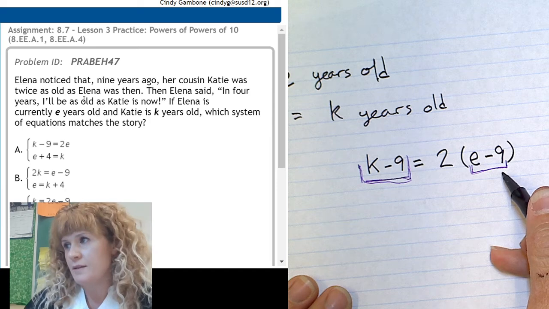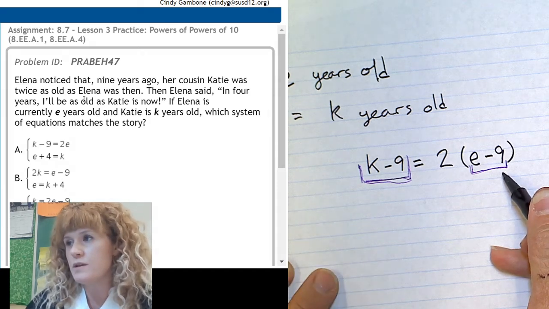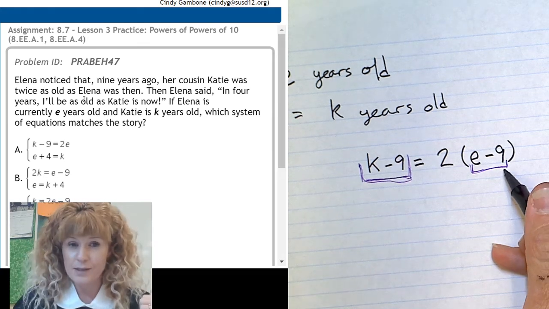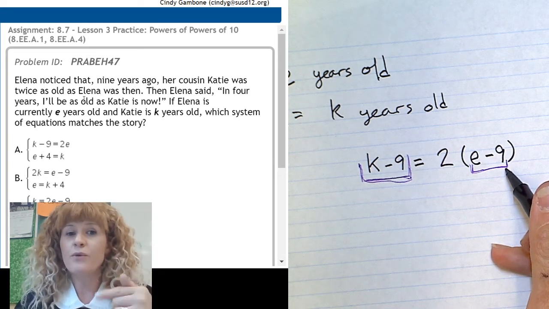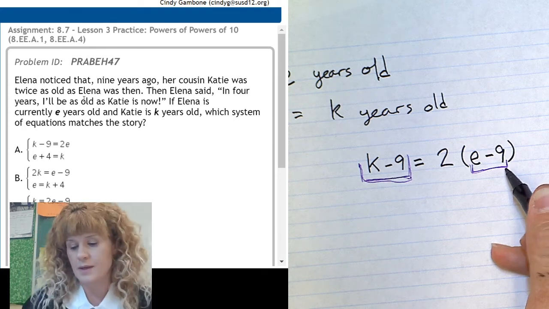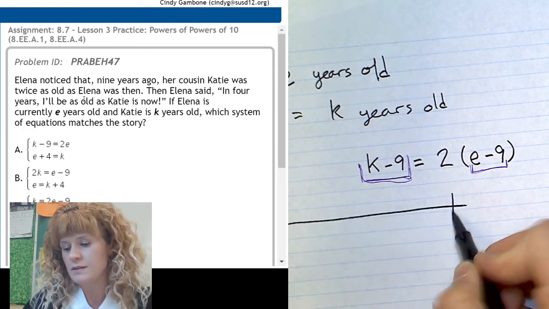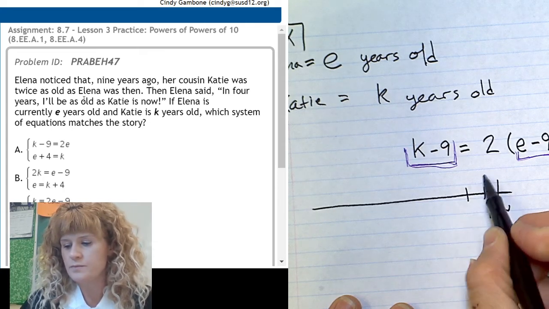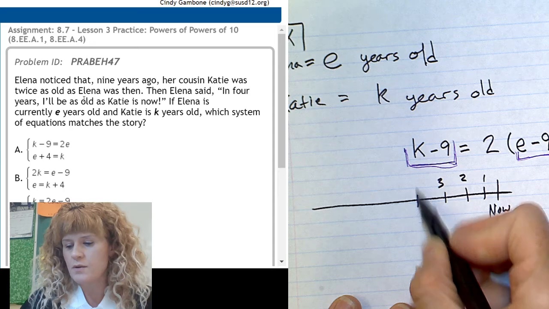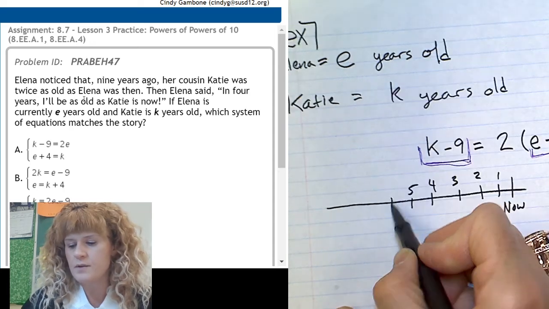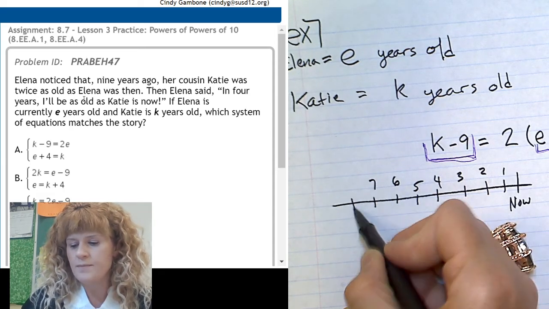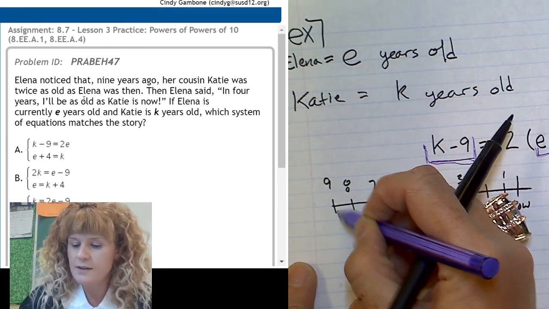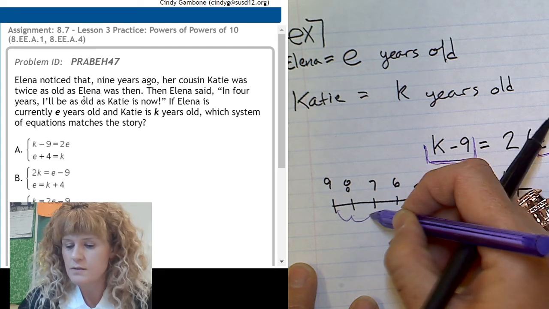They also said, or Elena said, in 4 years, I'll be as old as Katie is now. Well, that was 9 years ago. So she said in 4 years, that would be 5 years ago. You can see that on a number line. Let's say this is now, 1 year ago, 2 years ago, 3 years ago, 4 years ago, 5 years ago, 6 years ago, 7, 8 years ago, there, 9 years ago, she said. She said, in 4 years, 1, 2, 3, 4.